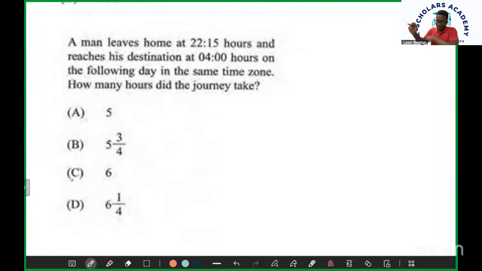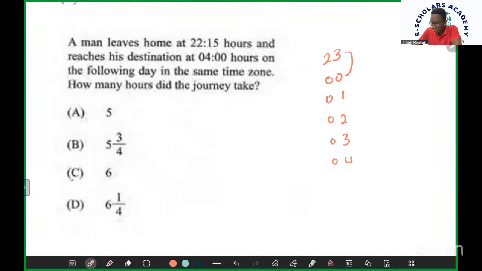So we see the journey took, if he left at 22, 23, that is 1 hour. 12, there's another hour. Let me see, to 23, there's 1 hour. 12 o'clock, there's another one. 0, 0, there's another one. 1, and then 2, and then to 3, and then to 4.